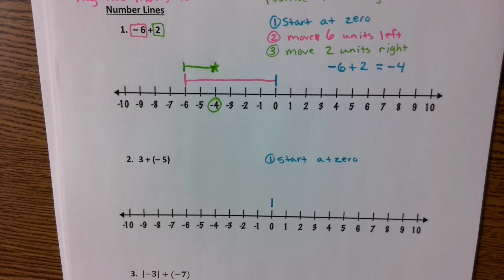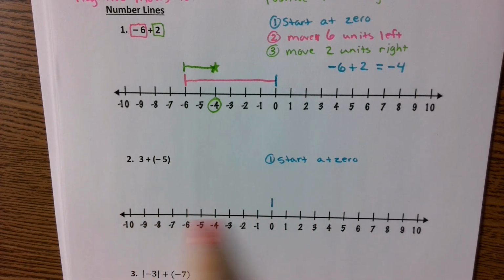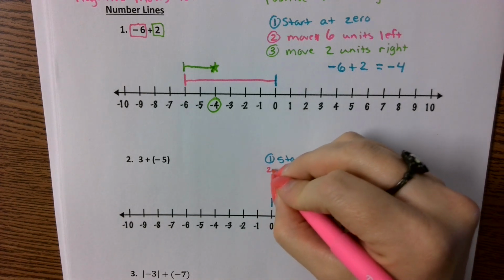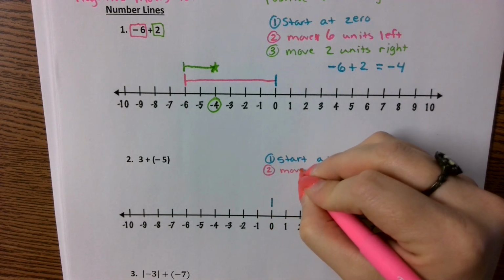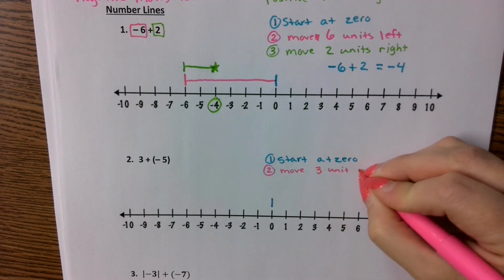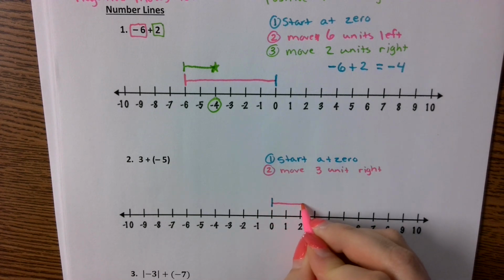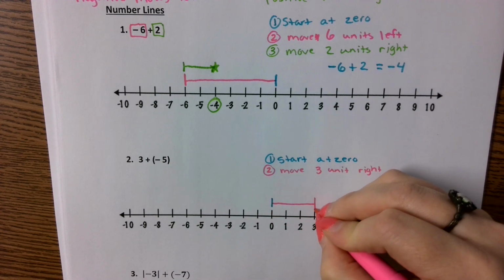From there, I'm going to move what direction and how many units? Right 3. So step 2, we're going to move 3 units right. So 1, 2, 3 units to the right.